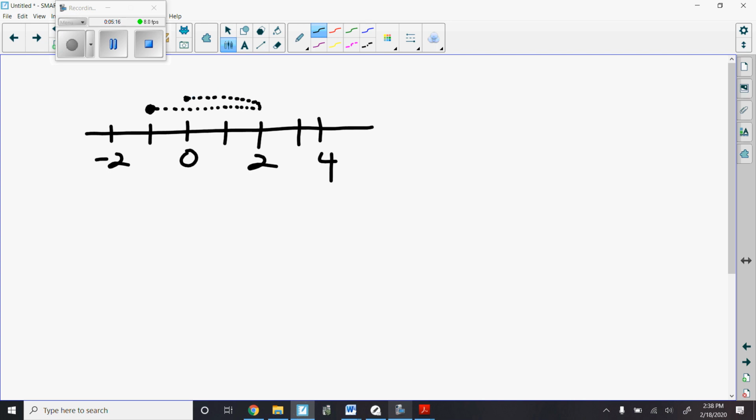This is its final, right? So this is like t equals a, and this is at t equals b. Okay. I'm going to talk about distance traveled versus displacement.